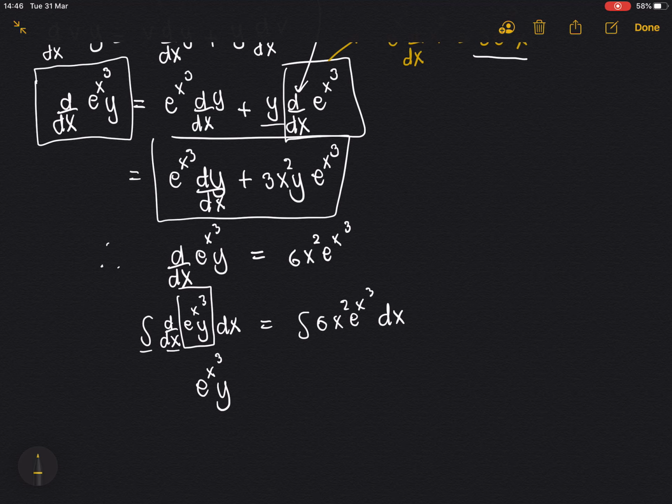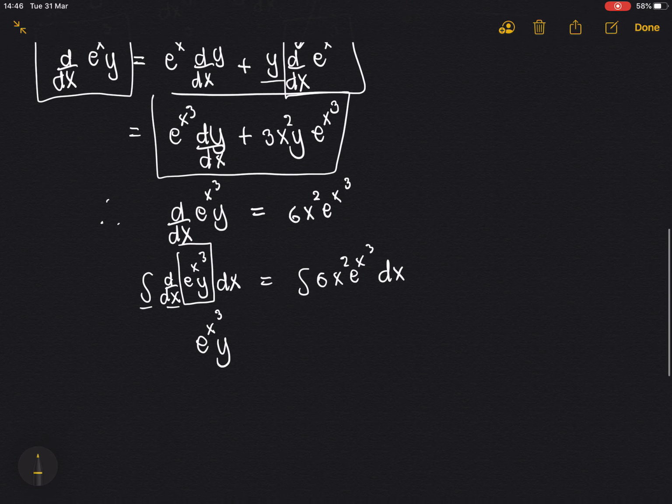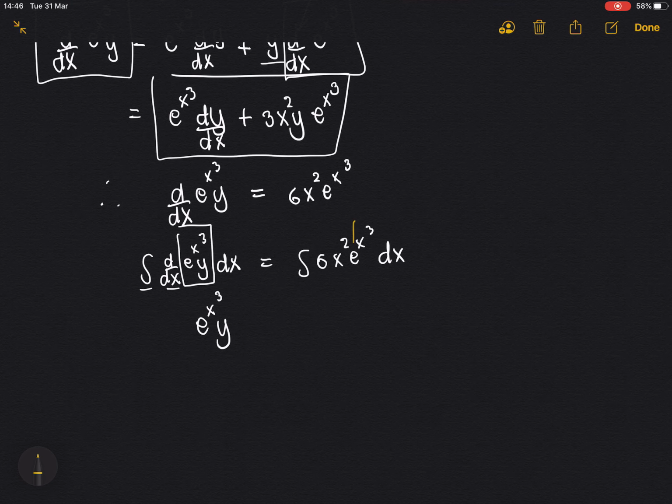There are basically 3 main ways to find integrations. The first one is by substitution, the second one is by parts, and the third one is by using partial fractions. In this case, we will try to use substitution first, and if it works, we will follow that step. If we let u be equivalent to x cubed, therefore du would be 3x squared dx.